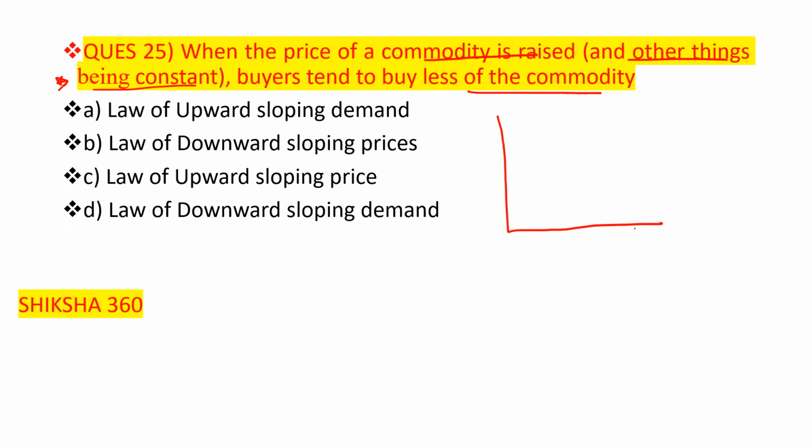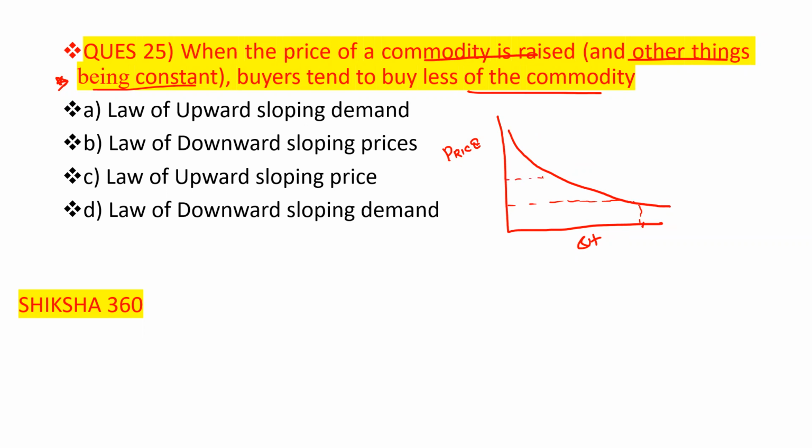Like this one is the graph, this one is the price, this one is the quantity. Here the curve goes down. When the price is low, there is more quantity to be bought.